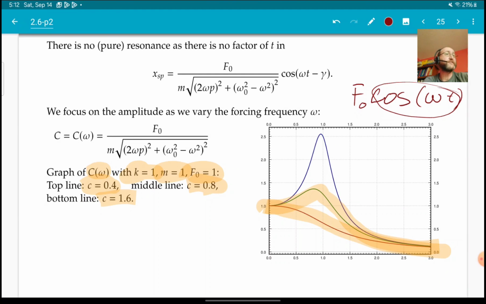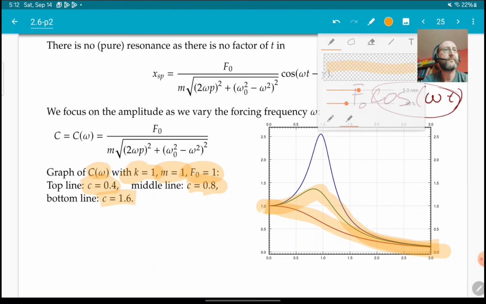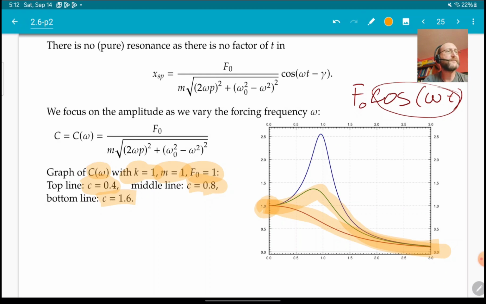It's just constant force. So there's not going to be any resonance of any sort. And you can see that's what we're getting: the maximum amplitude we're actually getting when omega is 0. In this case, essentially, there is nothing like resonance here.